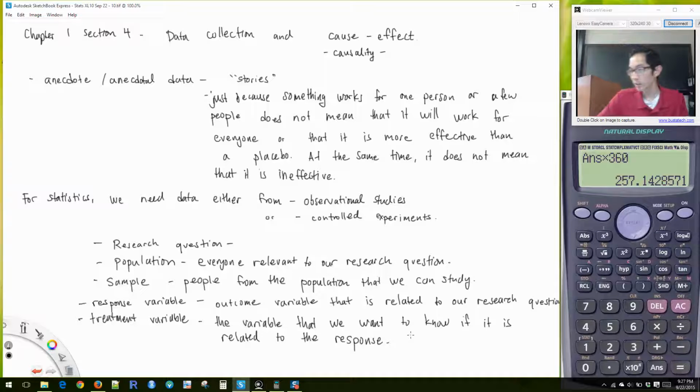So when we go out and gather data, either through an observational study or a controlled experiment, what we do and how things work are a little different. Okay. Can I go on to the next slide?